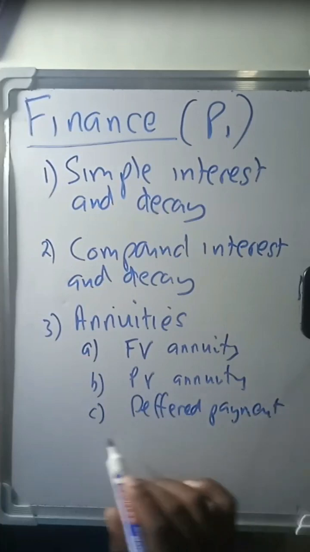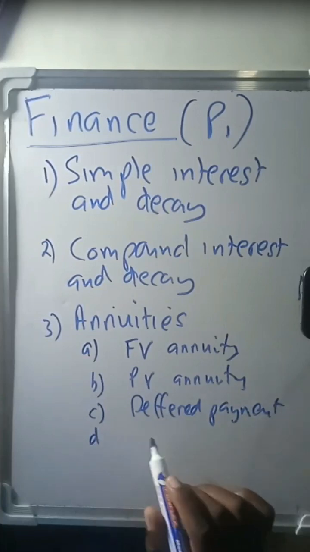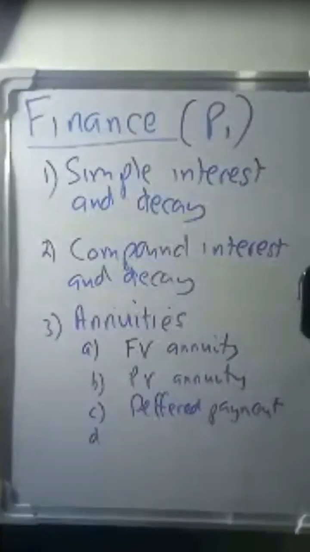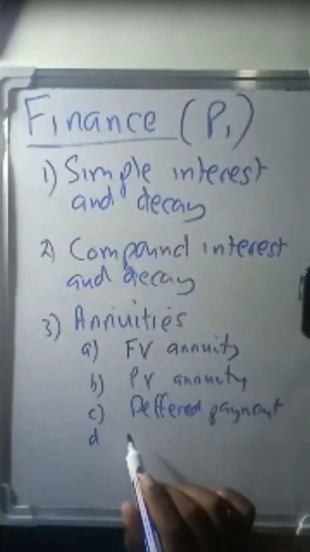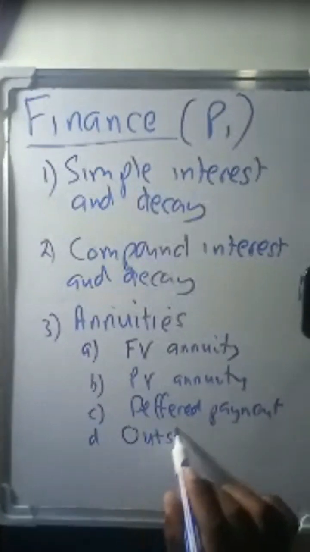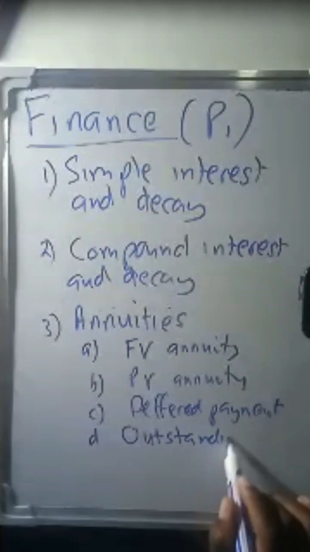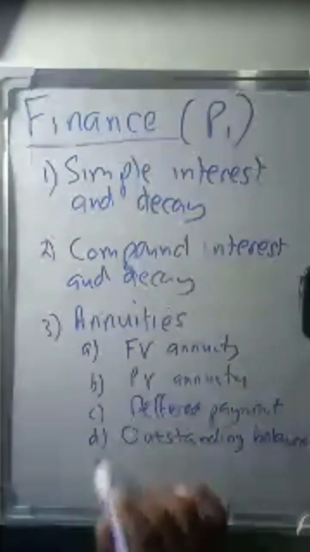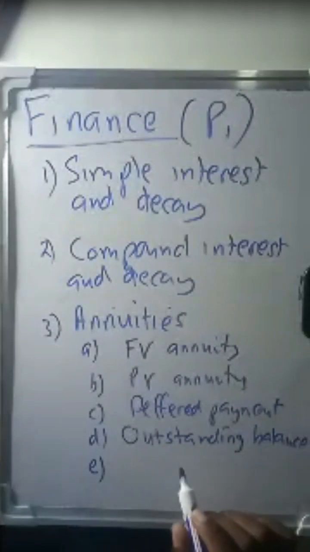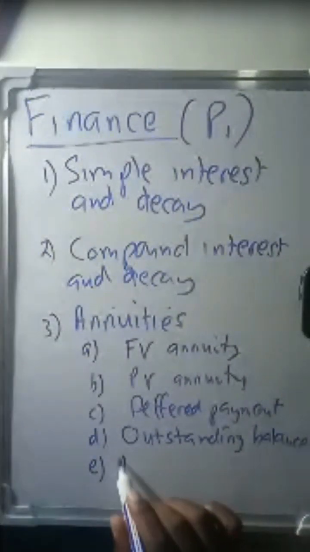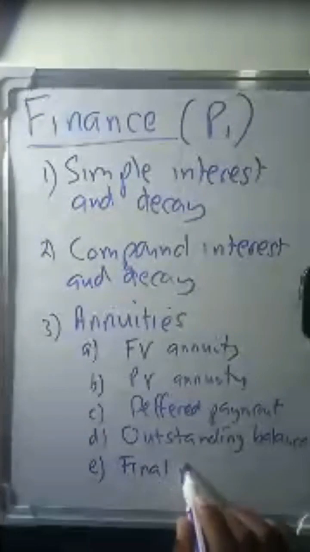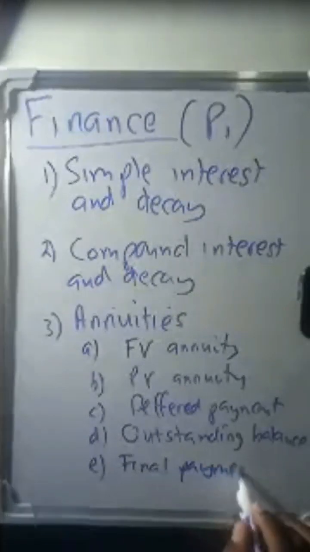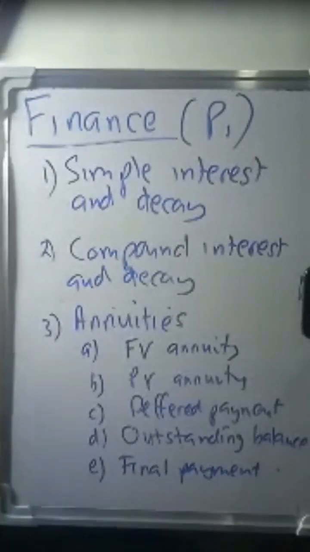Then number D, after deferred payments, we have outstanding balance. Then number E, we have what is called the final payment.